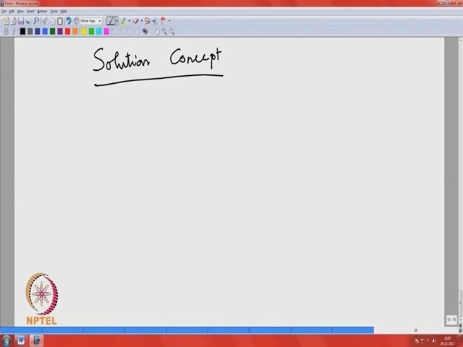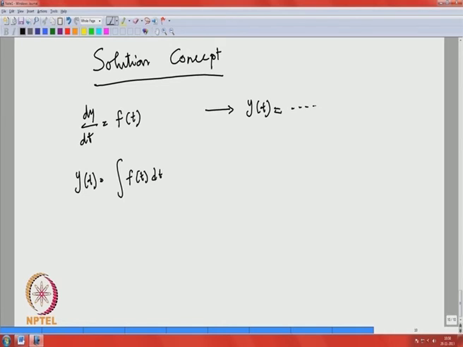But as you see, even for the integral calculus problem, dy by dt equal to f of t, you already know that for certain f of t you may get a representation y of t in terms of the integral of f of t dt, but integrating the functions in closed form may not be possible. So, if you can get a solution y of t, if you can write y of t equal to something, this is called an explicit solution. You can write an explicit solution.